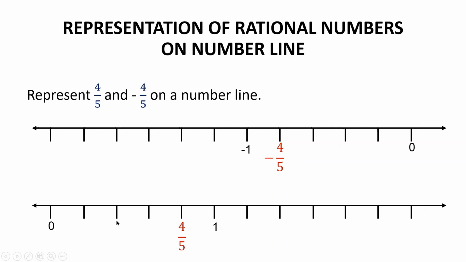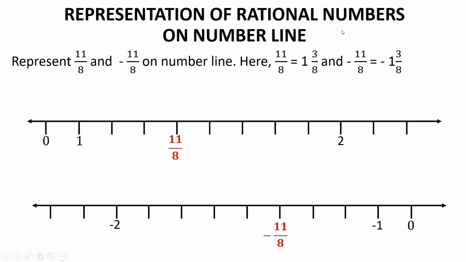Suppose if I have to represent 3 upon 5, then the third mark will represent 3 upon 5. If it is 2 upon 5, it will be here. Same way on the upper number line, minus 1 upon 5 will be on the first mark, minus 3 upon 5 will be on the third mark.